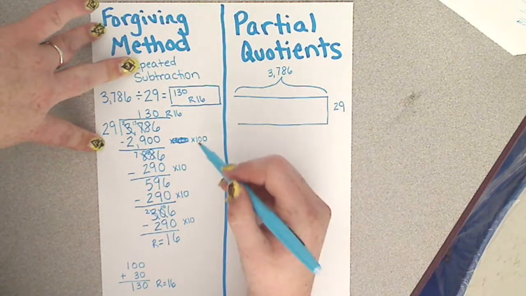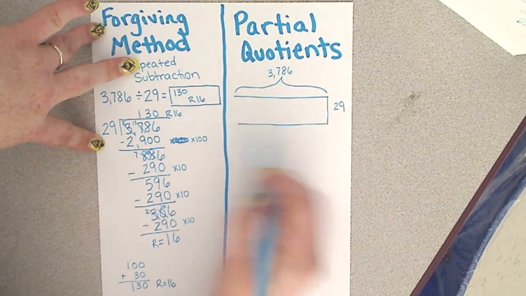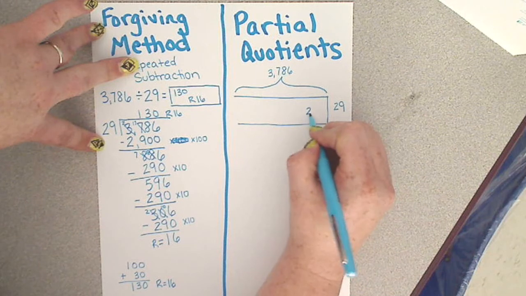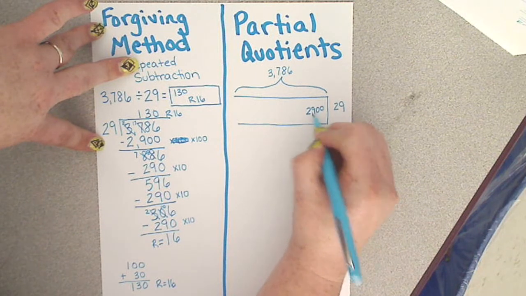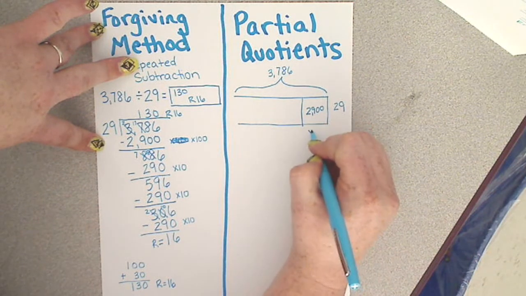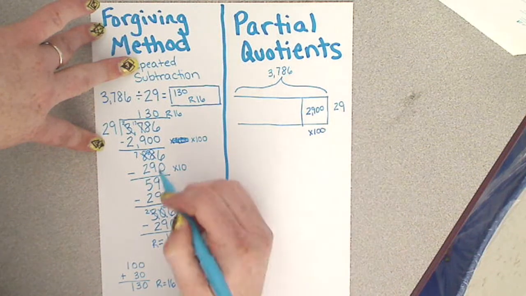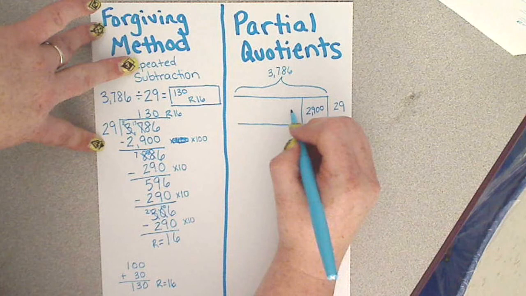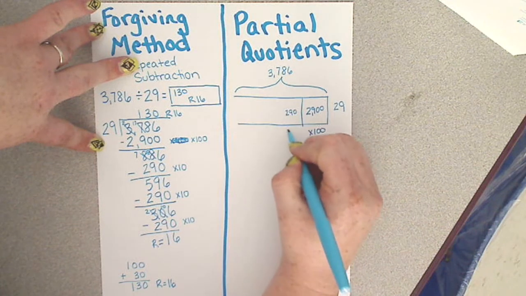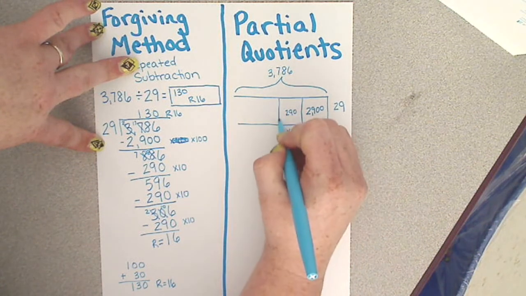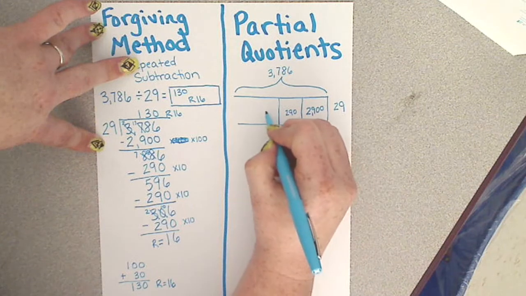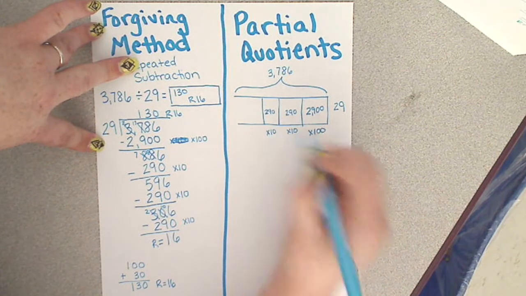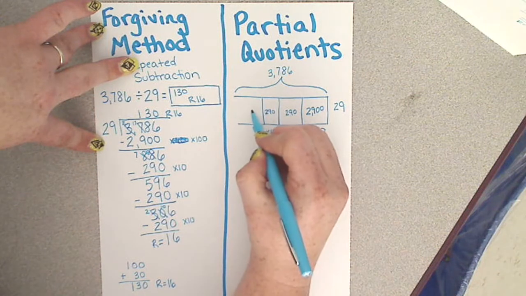I'm going to start with my 100, and I know that 29 times 100 was 2,900. So that's times 100. And then I took out 10 more, so 29 times 10 was 290. I took out 10 more. And I took out 10 more.